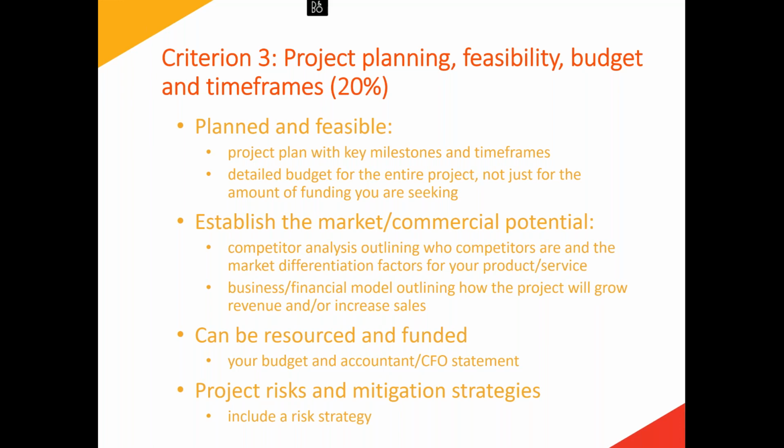You need the market and commercial potential, your competitor analysis, starting to look at your business and financial models and you're sort of explaining how the project's going to grow those revenues and increase sales, how the resourcing and how it's going to be funded. You do need those statements from your accountant and CFO, and then sort of really bringing up the project risks and mitigation strategies. And I'll cover off on the risk side in a moment.